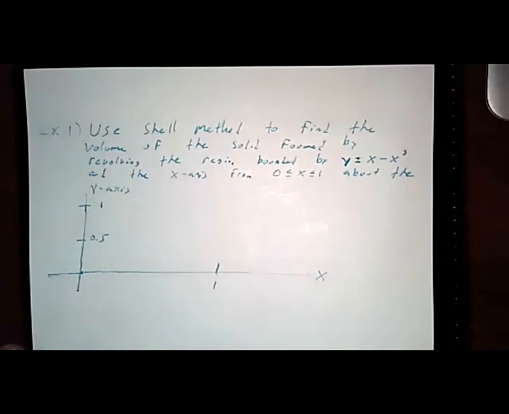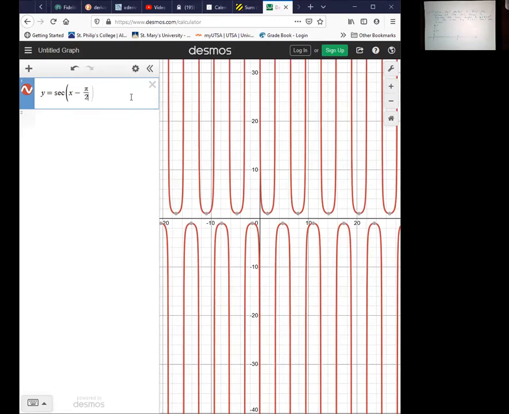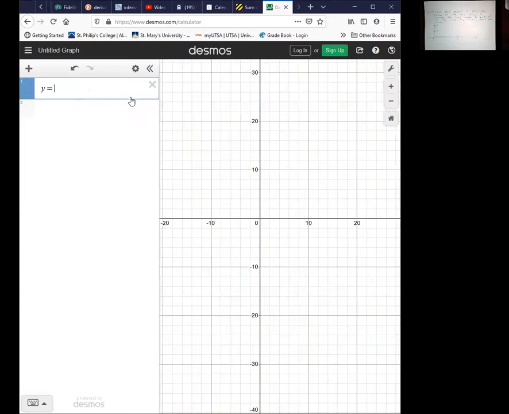Okay. So x minus x cubed, it may help to use the grapher, but let's go ahead and find it. X minus x cubed.